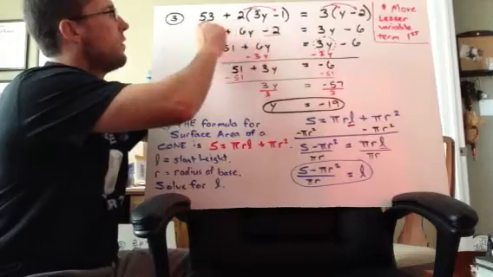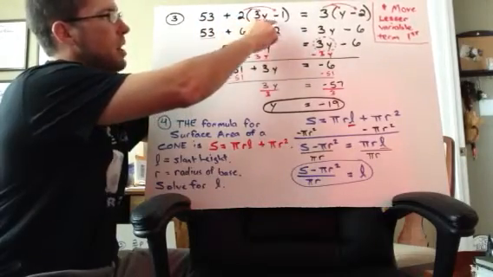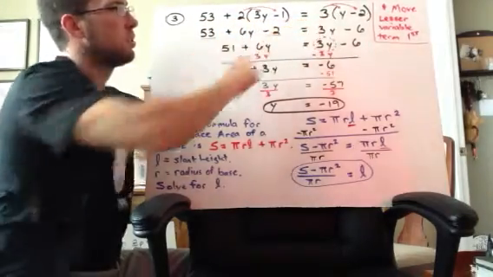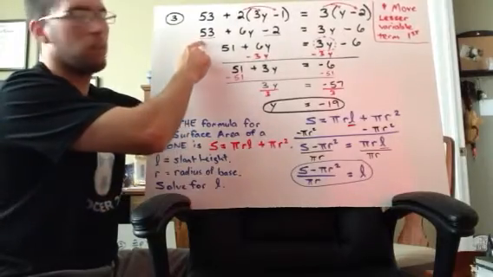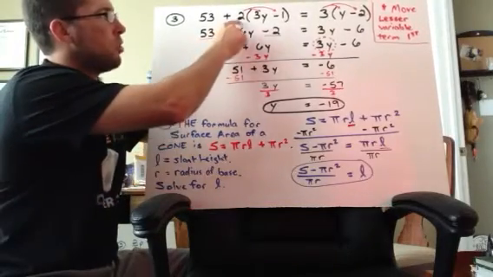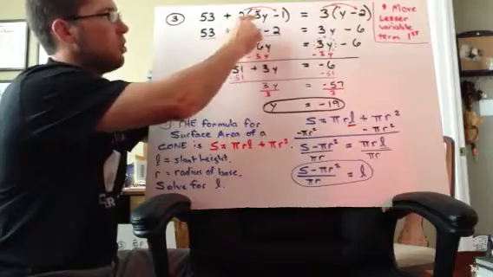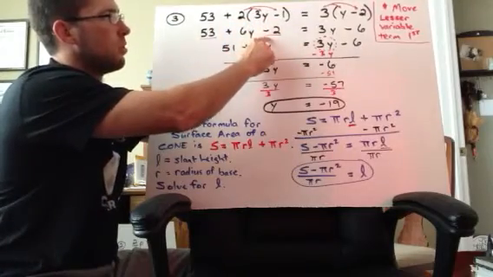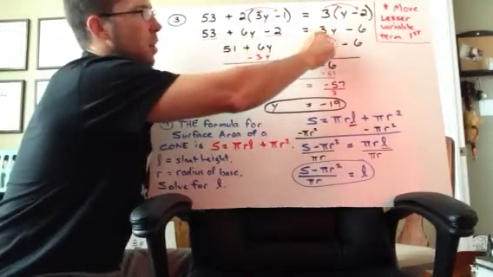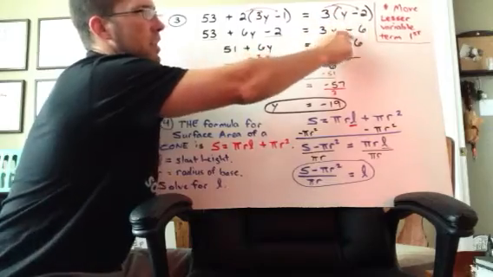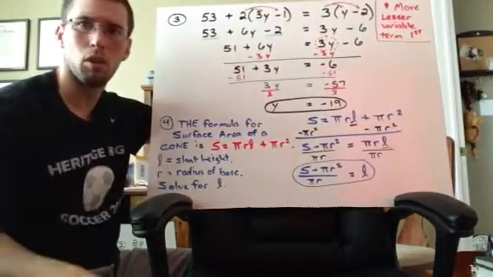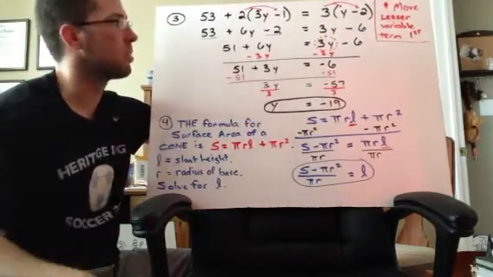Okay, so 53 plus 2 times 3y minus 1 equals 3 times y minus 2. And as you see, my 53 did not change, but 2 and 3y is 6y, and 2 and negative 1 is negative 2. 3 and y is 3y, and 3 and negative 2 is negative 6. So make sure you check your work in doing this problem.